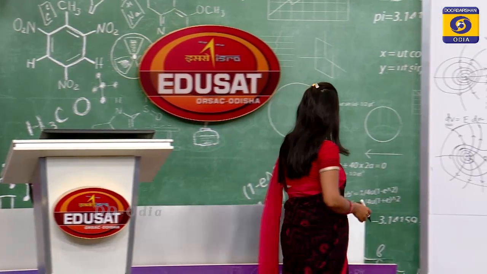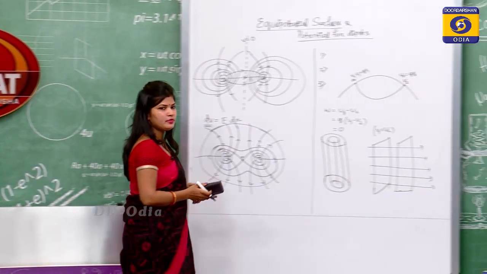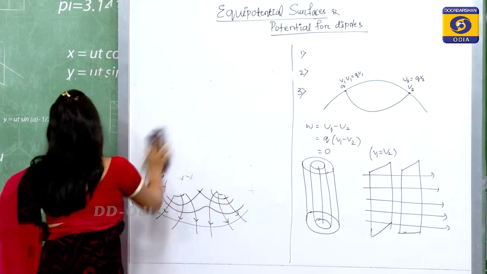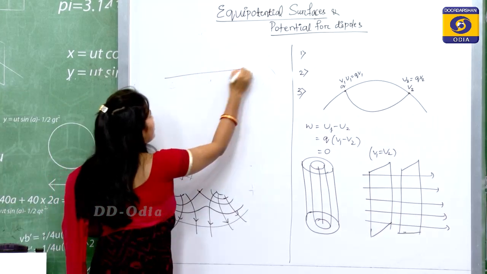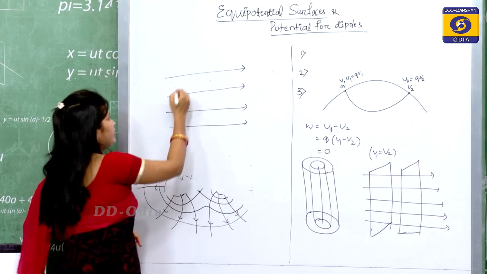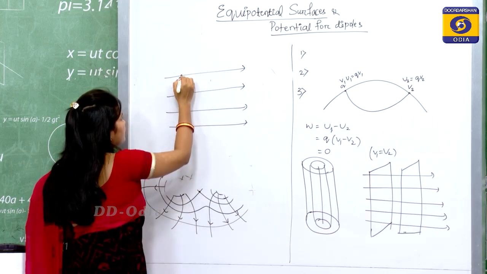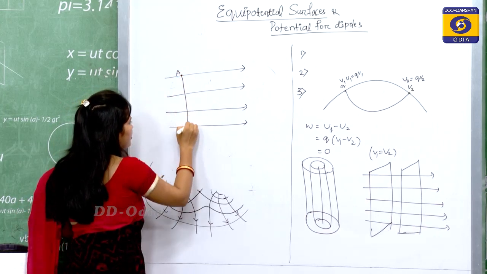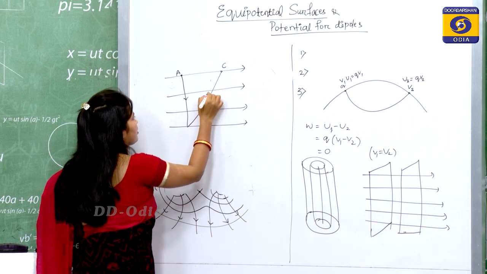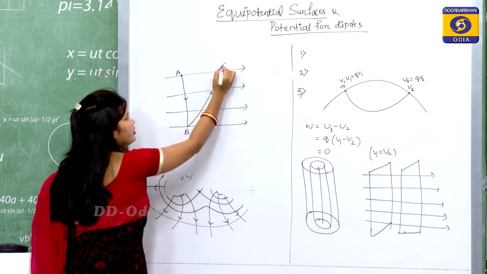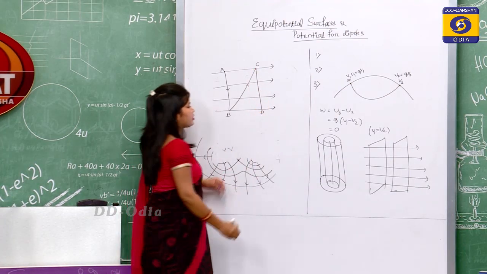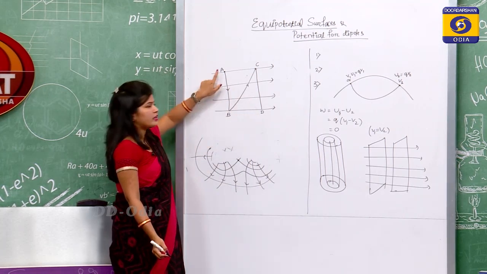Now, let us solve one problem. Suppose you have a uniform electric field, okay, and a test charge is moved from point A to point C along the path A, B, C. Then what is the potential difference between the 2 points D and A?